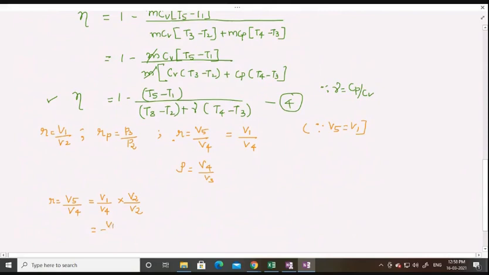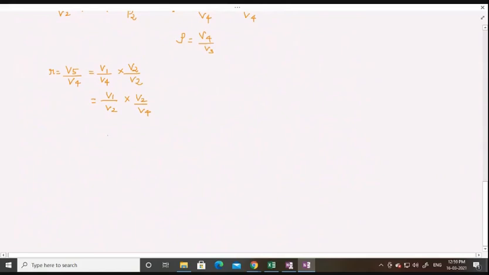So we can say V1 divided by V2 into V2 divided by V4, right? Here V1 by V2 is nothing but the compression ratio, and V2 by V4 is the cutoff-type ratio. So V2 is equal to V3, right?